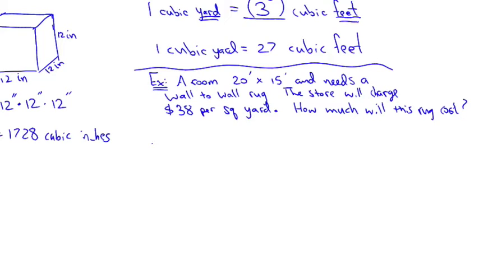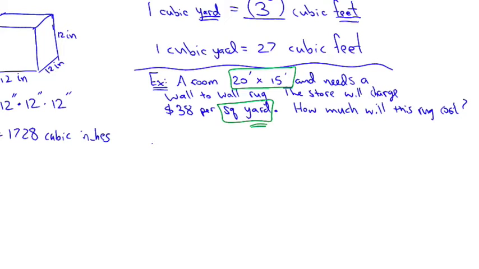Your measurements up here are in feet. Your measurement down here, specifically the linear measurement at least, is yard. So there has to be some kind of conversion. Either you're going to change yards into feet or feet into yards. Now, do you remember which one is easier? Changing smaller ones into bigger ones or vice versa?